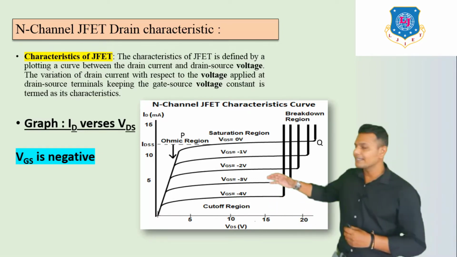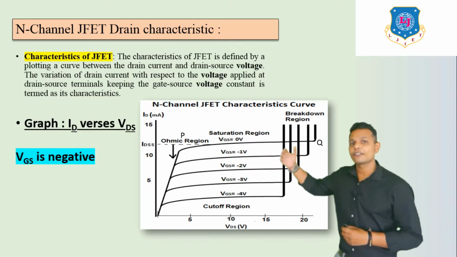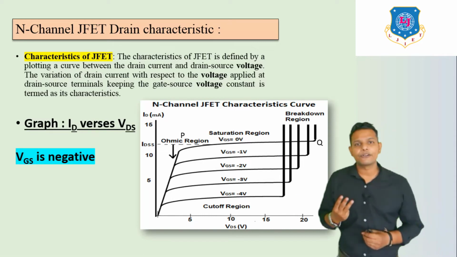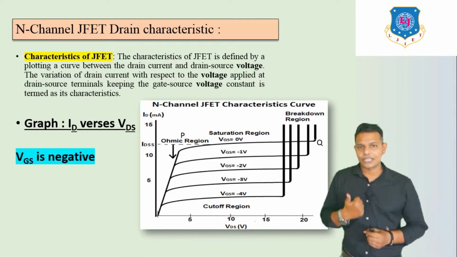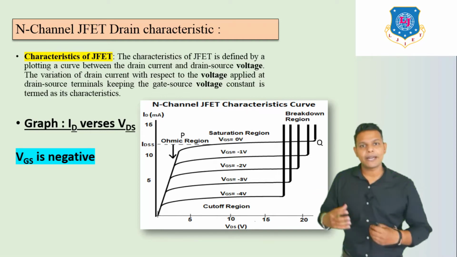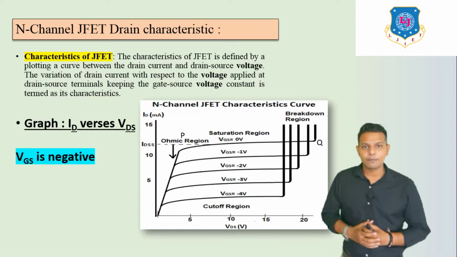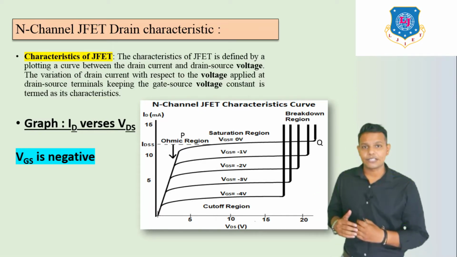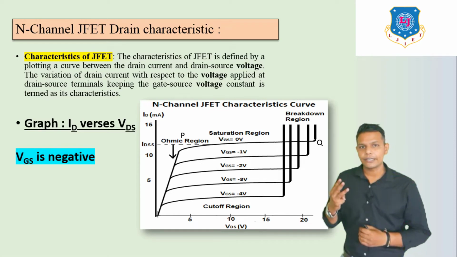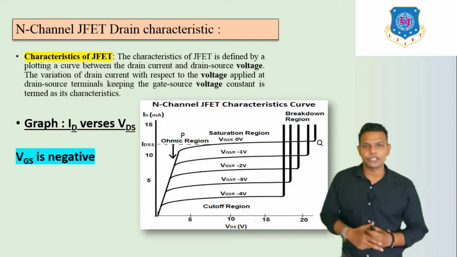Now here we can see this is a new region introduced in these characteristics. Before that we have seen 3 regions, which are saturation region, active region and cutoff region, introduced in transistors, or BJT, NPN and PNP transistors. But here it is the FET type. So in these characteristics we are going to discuss only 3 regions, which are cutoff region, ohmic region and saturation region.